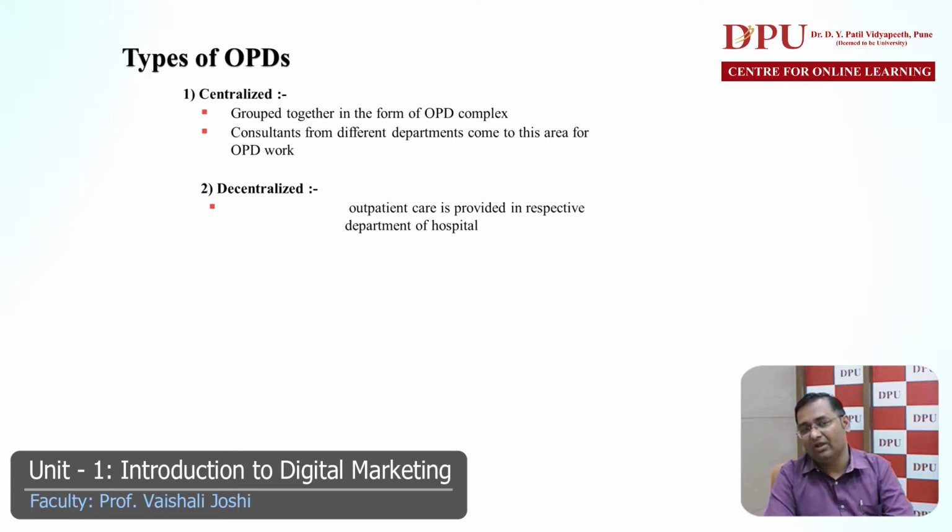A centralized OPD is grouped together in the form of an OPD complex. Consultants from different departments come to these areas for OPD work and sit in their cabins. This is called a centralized OPD.